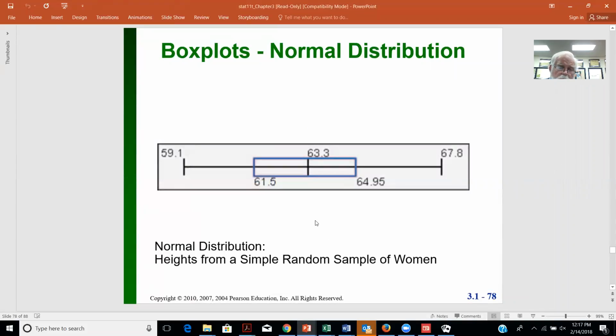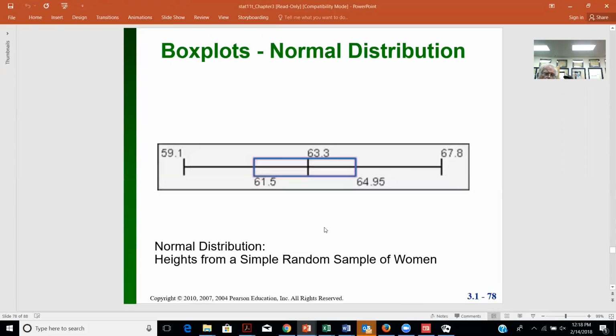Okay. Now for a normal distribution, in this case, number 78, we're looking at a random sample of women. Our population is women, and our sample is, we don't know how many. So it's probably height in inches, 59.1 inches, so that's just under 5 feet, to 67.8 inches, which is 5 foot 8 or so.